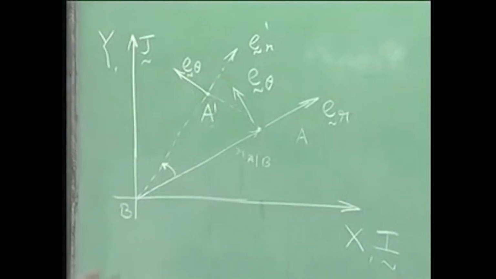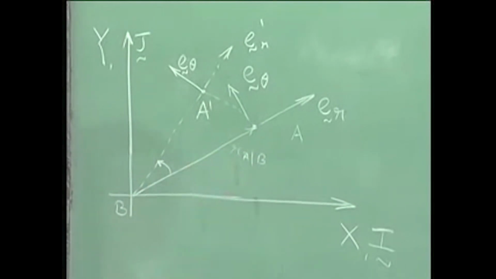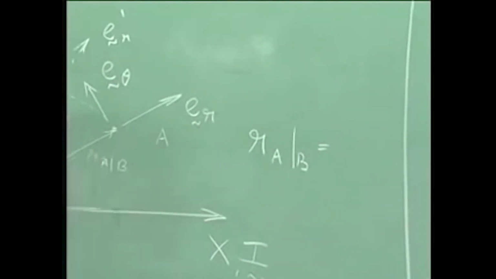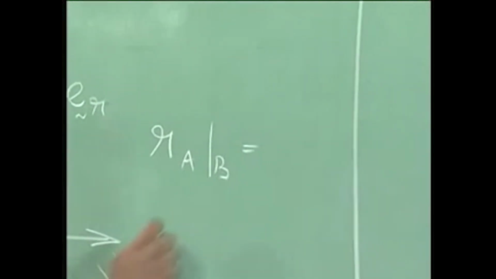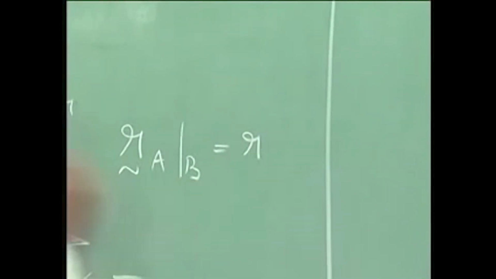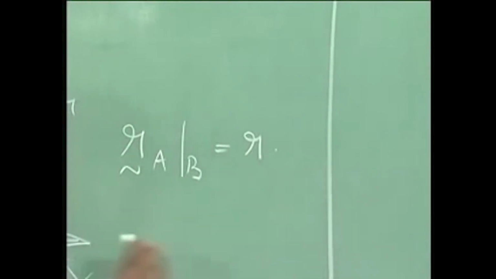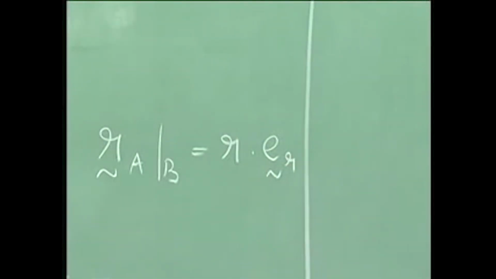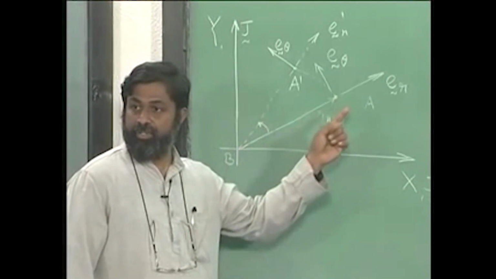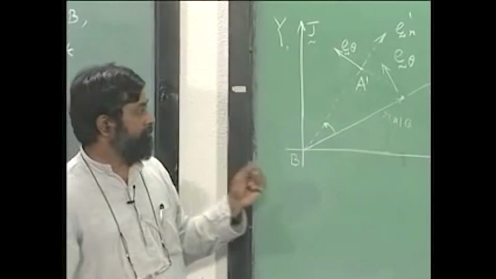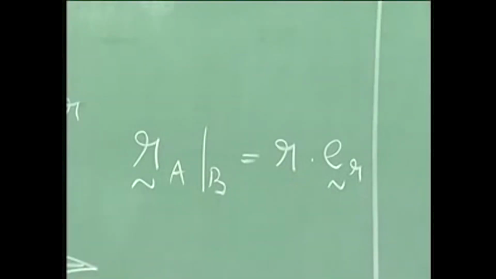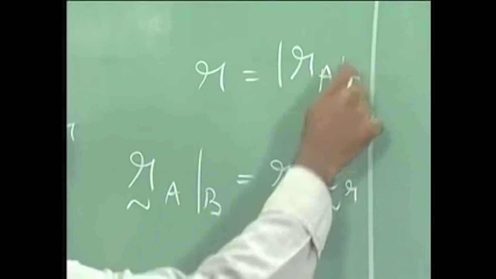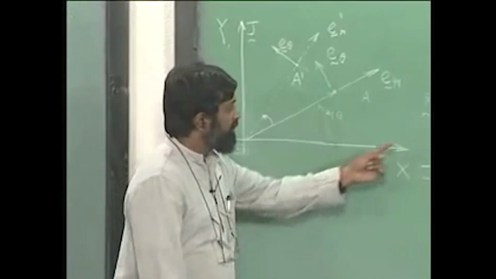How do I represent RAB? R of A with respect to B, let us say we will take small r, this is a scalar times the direction ER. So, the position vector of A with respect to B can be written as R, which is the magnitude of the distance between them, times ER.